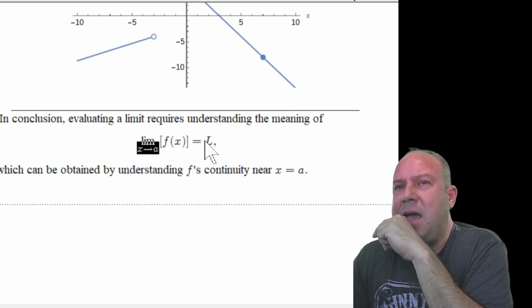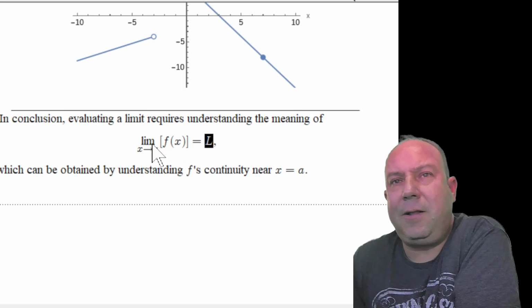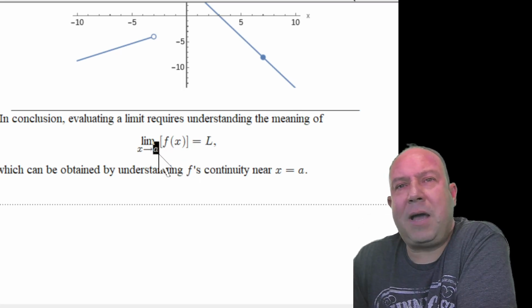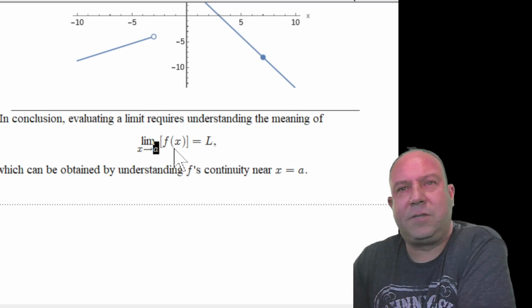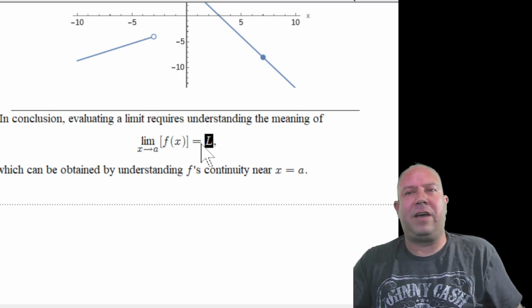It's saying the dependent value gets really close to L as my independent value gets really close to a. As x, my independent value, approaches a, f of x is going to approach the value of L.